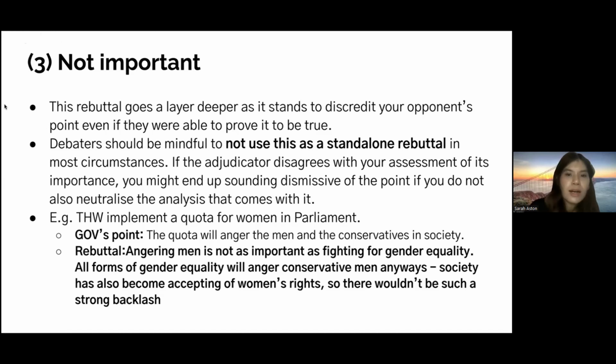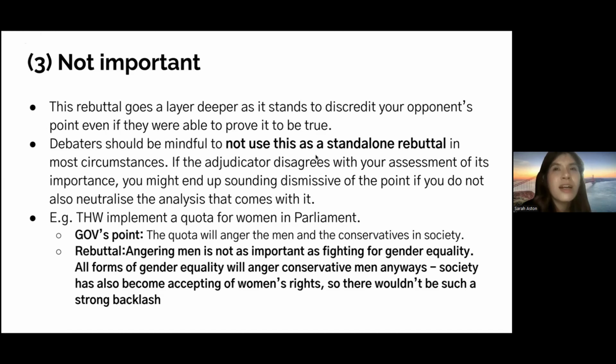So debaters should be mindful to not use this as a standalone rebuttal in most circumstances, right? You can't just say to the judge, this is not important, and therefore proceed to your substantive. That is very, very unpersuasive. If the adjudicator disagrees with your assessment of its importance, you might end up sounding dismissive of the point if you do not also neutralize the analysis that comes with it, right?